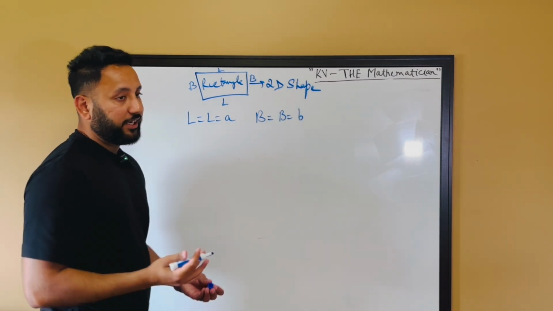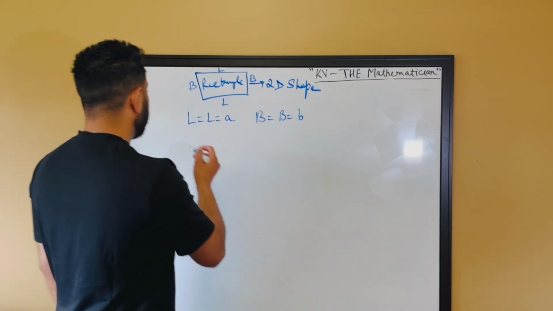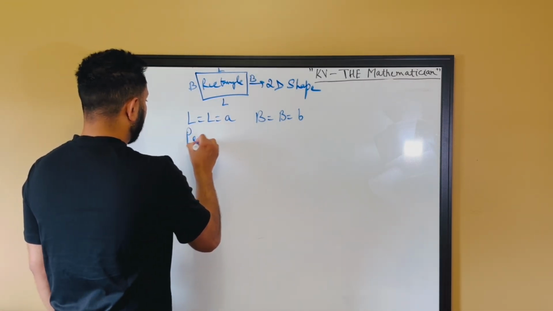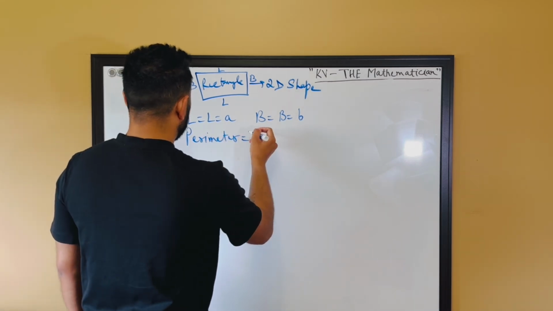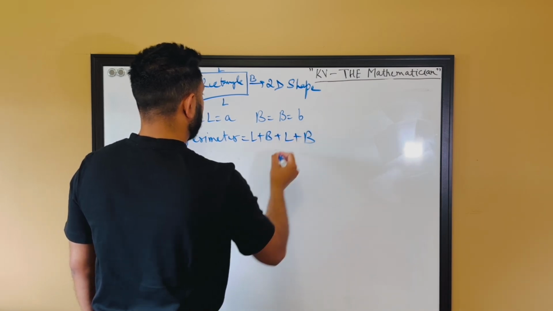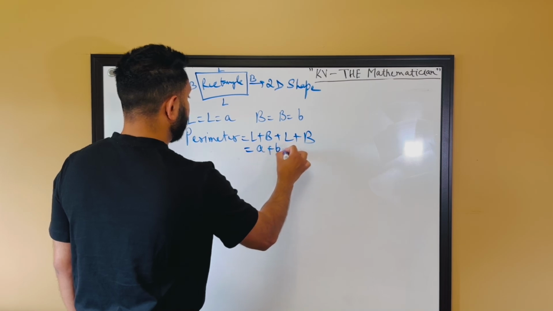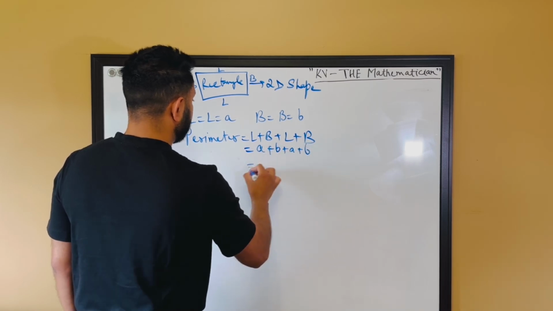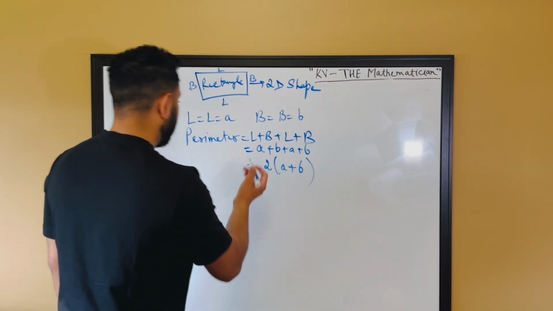As we know that the perimeter is a total distance around a 2D shape, the formula for perimeter of rectangle would be length plus breadth, so A plus B, so the answer comes out to be 2(A plus B).